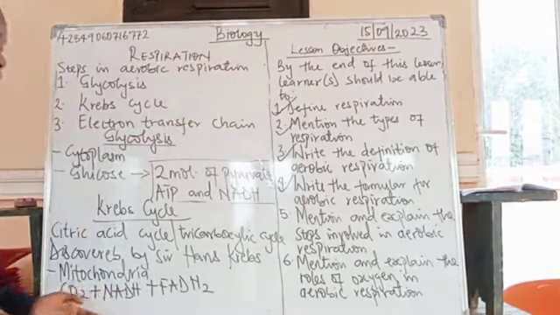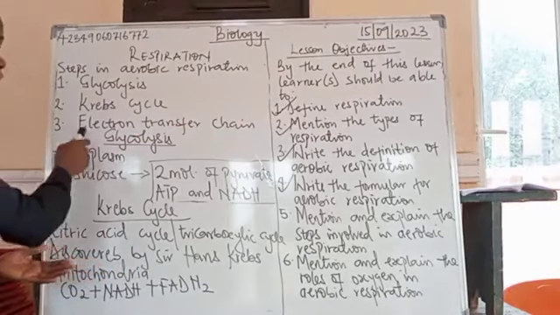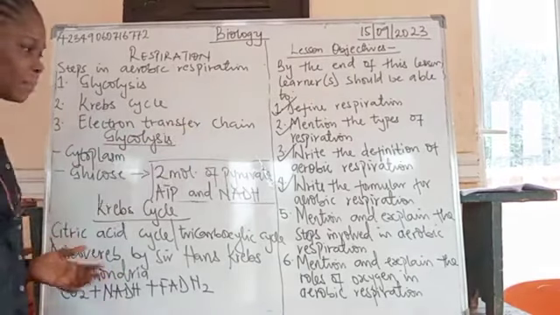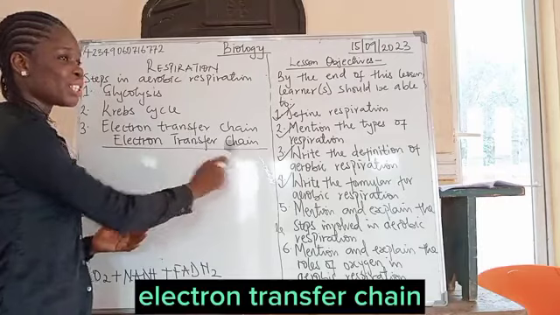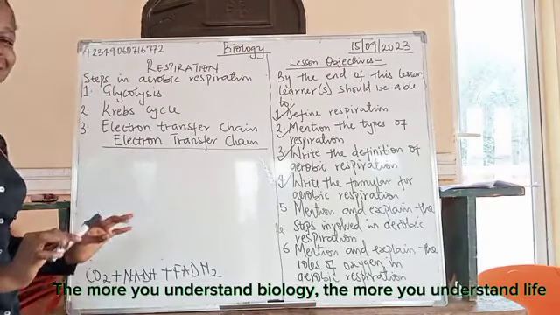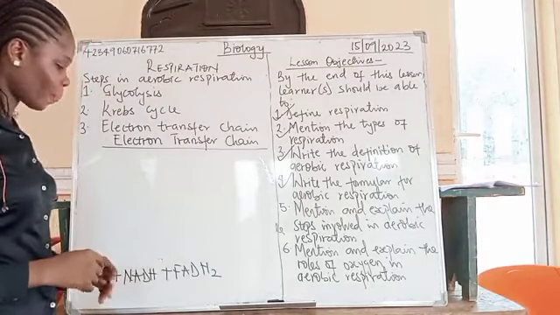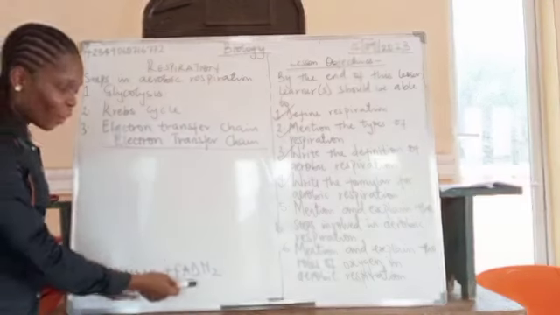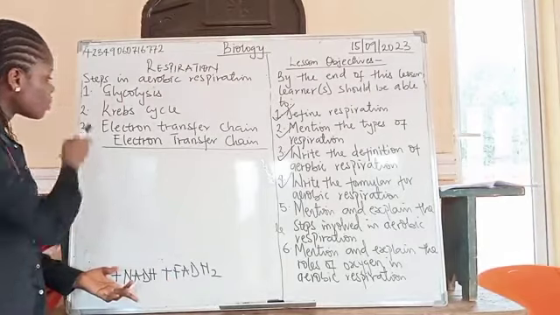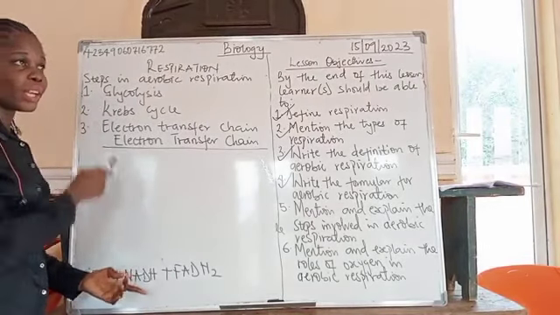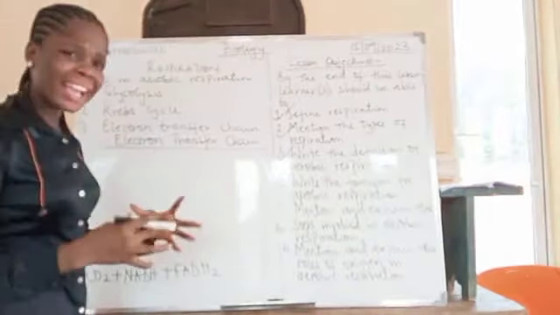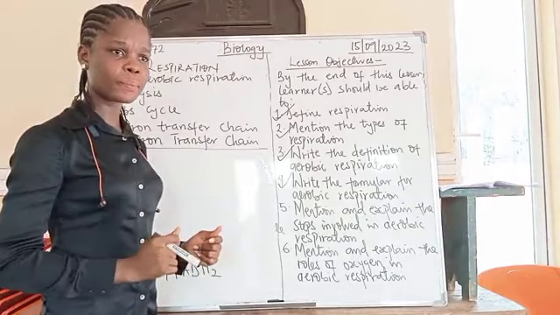And now lastly, we are going to be looking at the electron transfer chain. The electron transfer chain happens to be the last stage of aerobic respiration. The compounds that are produced during the process of Krebs cycle contain high energy electrons.